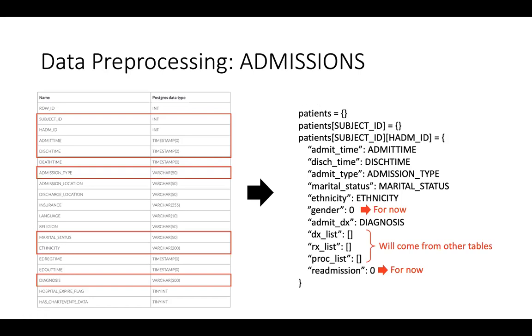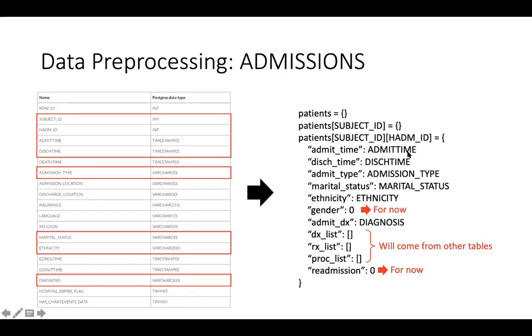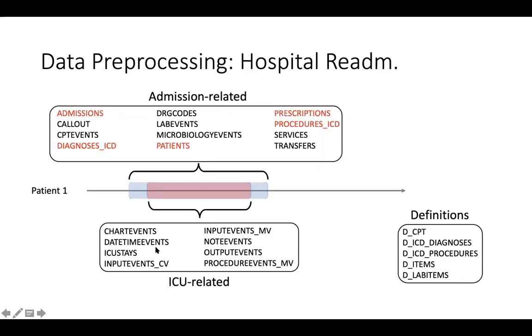This is where all the information is going to be stored in order to reconstruct the blue and red strips. Well, not the red strips, because we're not going to use ICU-related information anyway. We're only going to reconstruct the blue strip, using diagnosis, prescription, and procedures.